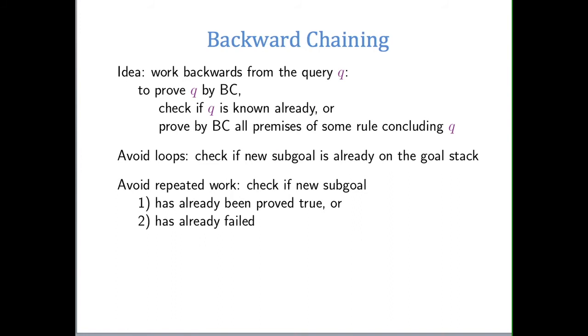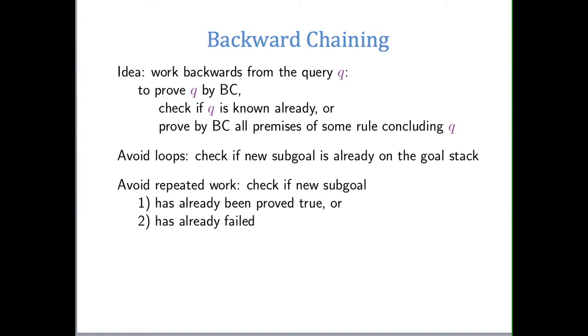Backward chaining, as you might imagine from the name, instead of going forward, goes backwards. In other words, we'll have some query Q, and to prove it by backward chaining, we'll see if we already know Q, or if it's not already known, we'll check the premises of some rule that concludes Q. Now, if there is no Horn clause in our database which has Q as its implication, then we're not going to be able to prove it.